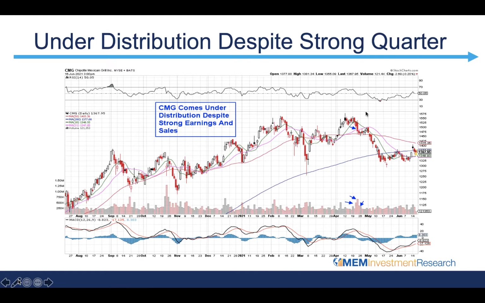And the company came out with super strong numbers. However, the stock did not respond as it normally would with an advance. It actually broke down. But this huge volume was a signal that the stock was headed for more downside ahead.